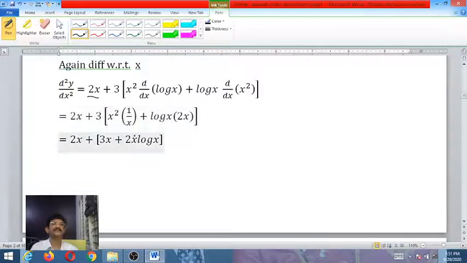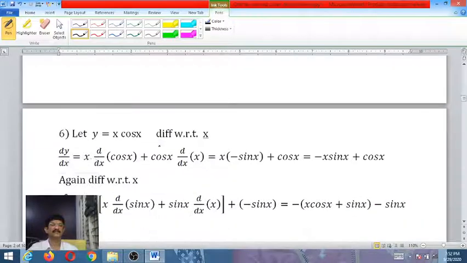Now 2x as it is, x square into log x derivative is 1 by x, again x square derivative is 2x. One of the x gets cancelled here, and multiply by 3, so 3x plus 3 into 2x, which is now 6x into log x.